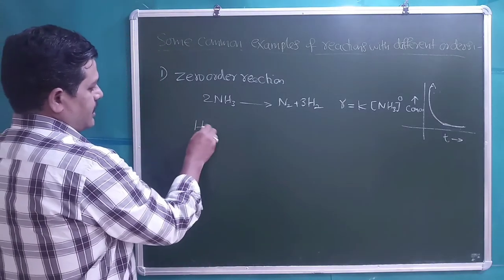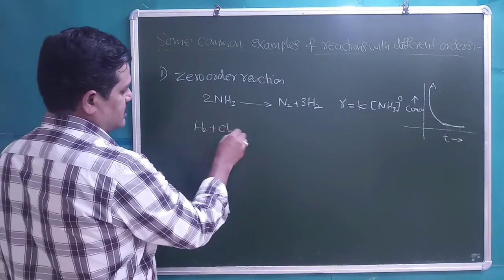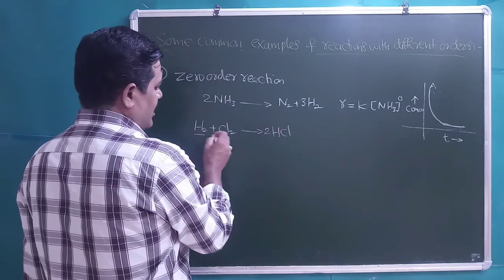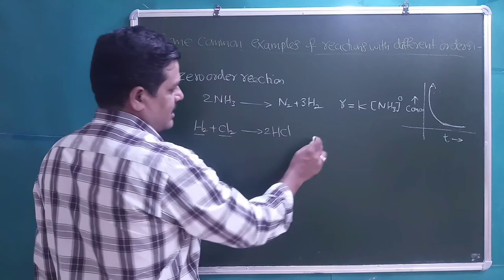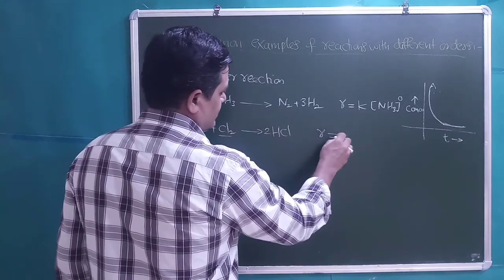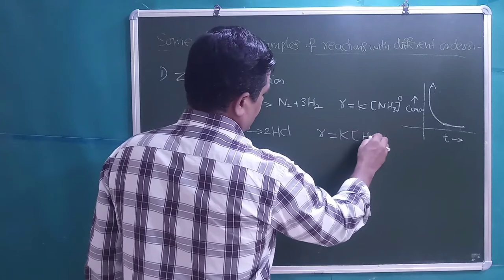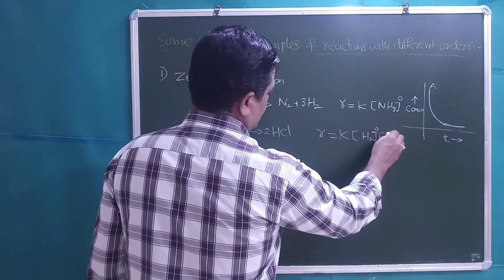Similarly, H2 plus Cl2 gives 2HCl. In this also, even though two molecules are involved, the order of the reaction is measured by experiment only, that is K into H2 power 0 Cl2 power 0.